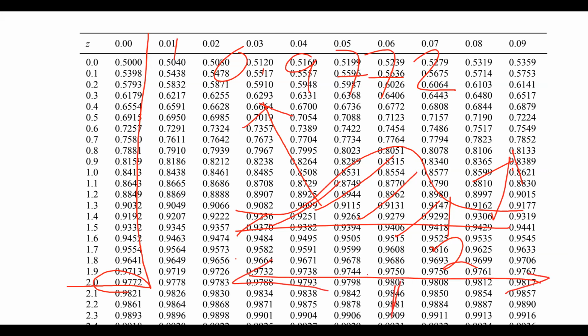So just say 1 minus this value. What do you get? You should get the same answer, of course. 0.0228. Have you seen that, right? It is the same answer, right?